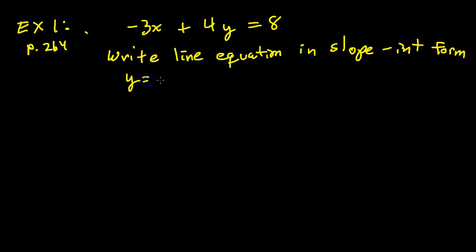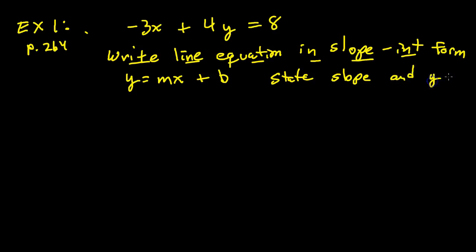Well, you've got to solve for y and clean up everything on the other side so you can visualize the slope and the y-intercept. Then they ask us to state the slope and y-intercept. Kind of a two-part problem.